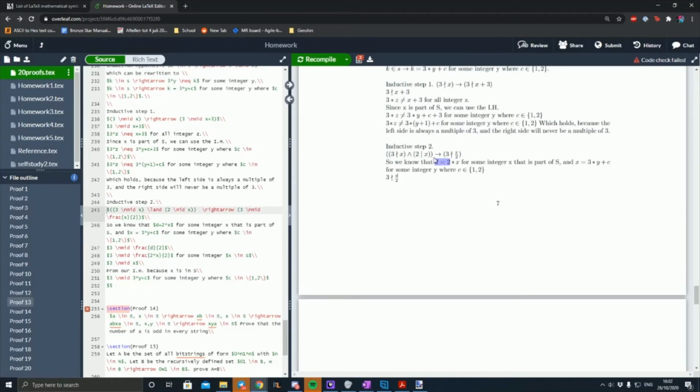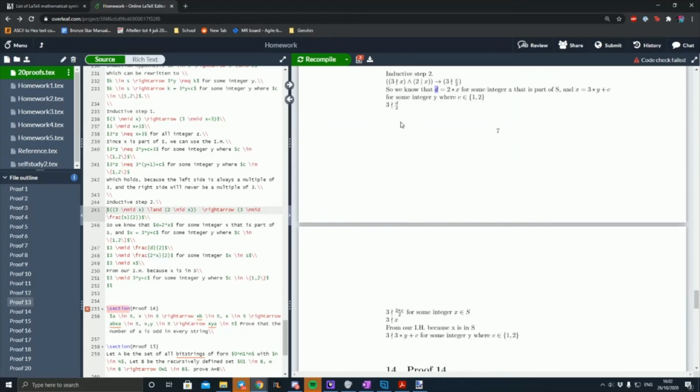D is not divisible by 3, and D is divisible by 2. And we should prove that 3 does not divide D over 2. I don't think so, because we're talking about the number x, which you changed the letter. But here I have the integer x that is part of S. All of this is still correct. We're talking about x, which is part of S, which is not divisible by 3, x that is divisible by 2, and the only reason I'm introducing d is because it makes it easier.